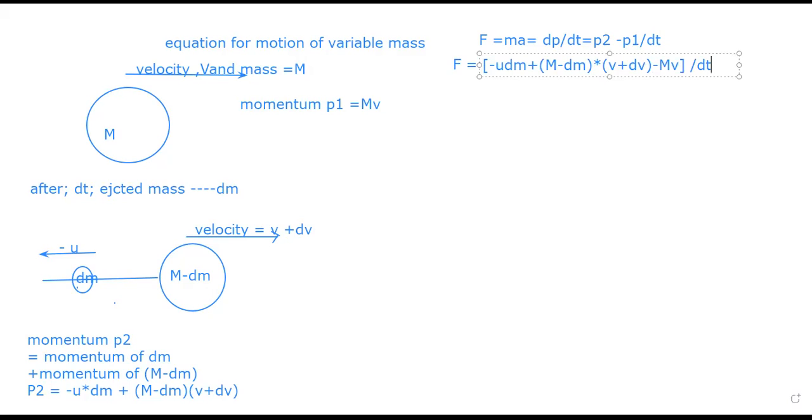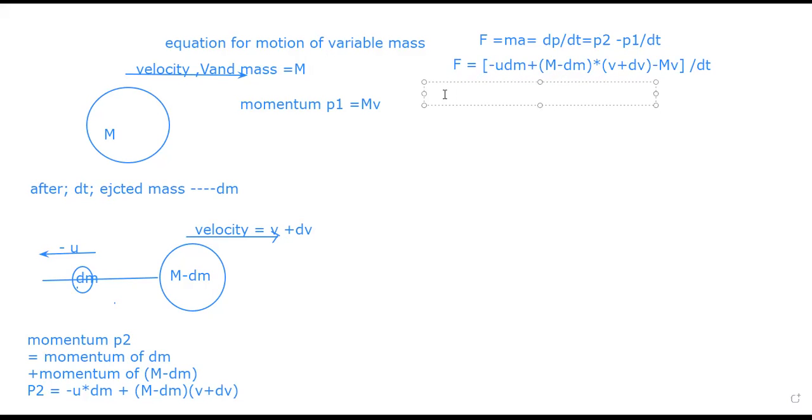The next step here, we have two terms, m minus dm and v plus dv. We expand these two terms here. So when you expand these two terms, this is the equation we have.